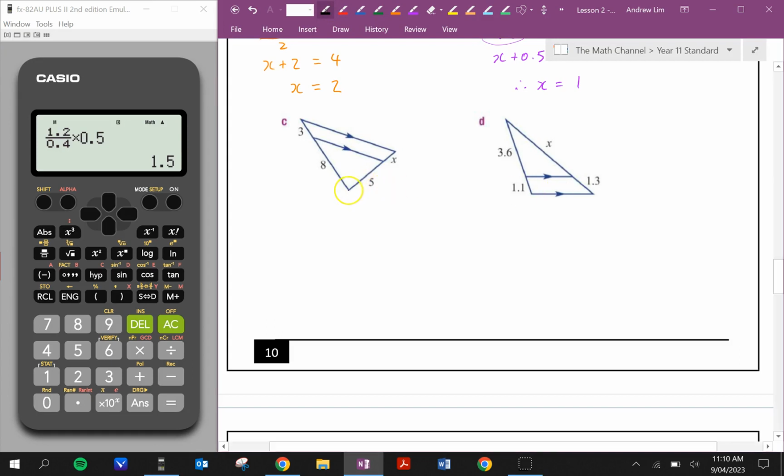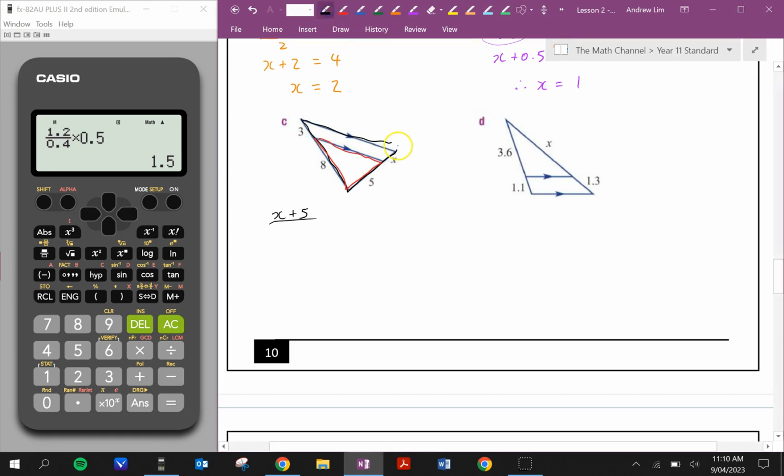Alright, so this is the longer corresponding side, which is x plus 5, over the shorter corresponding side, which is just a 5. Right, so we can see this is the big triangle. Here's the small one.